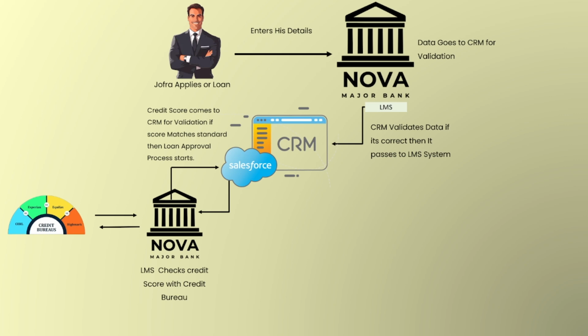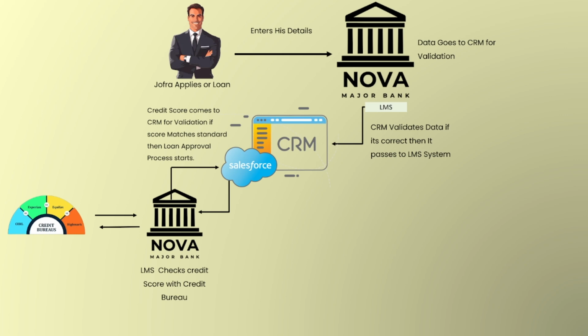Once the CRM receives Jofra's credit score, it again has the ability to do automation. If the credit score is in a particular range, Jofra will get the loan. If it is not in that range, Jofra will not get the loan. So this brain is with the CRM, not with Noah Major Bank. Decision making, validating, verifying, all these things happen in Salesforce.